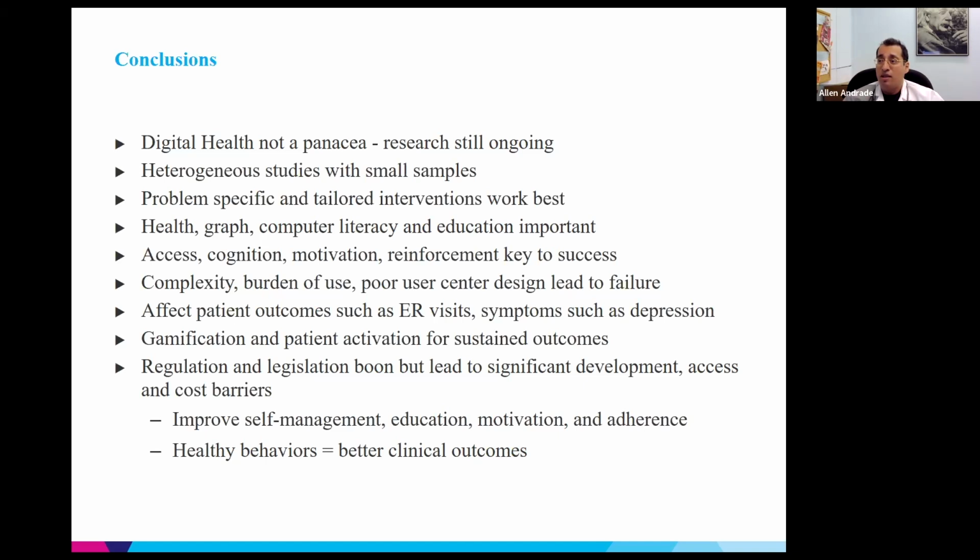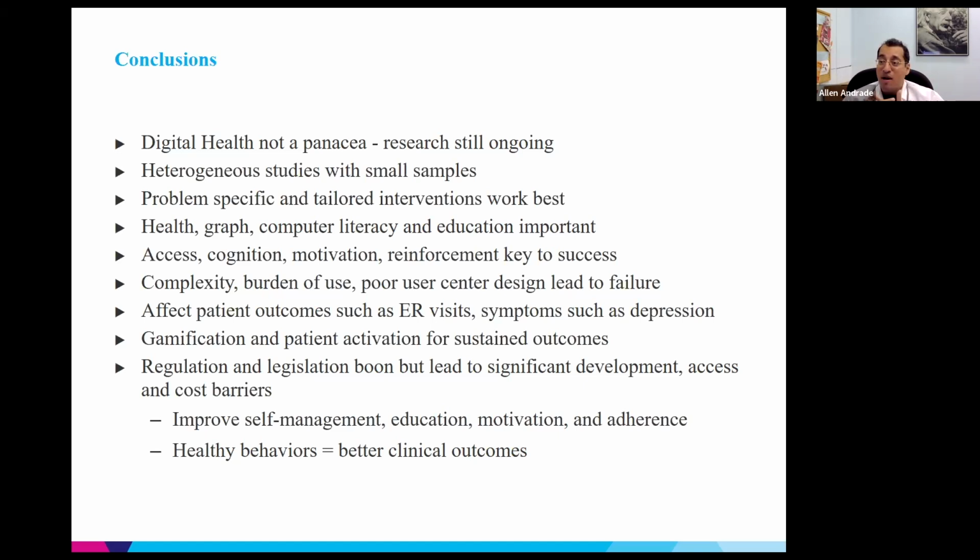But it's difficult to replicate sometimes in different populations based on what internet, what telephone, what resources are available. And what I've generally seen is that if it's a specific problem with a tailored intervention based on your infrastructure, that's what works best. And trying to do a one size fits all, it doesn't work.